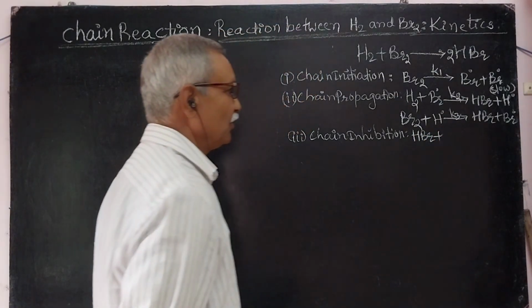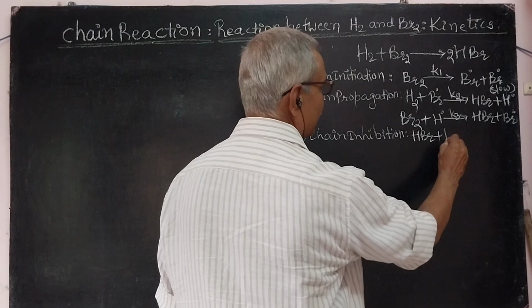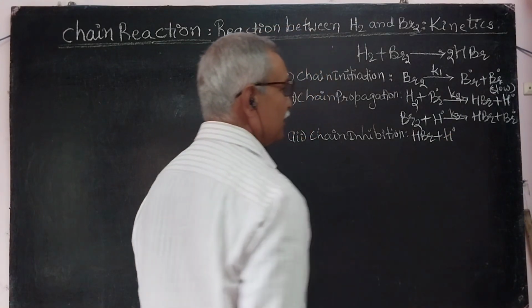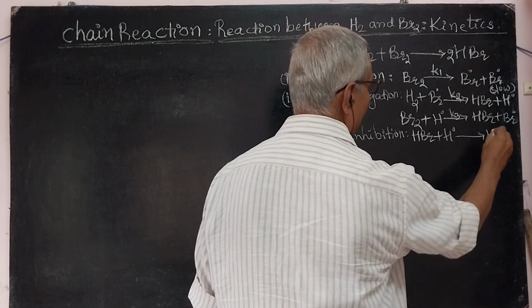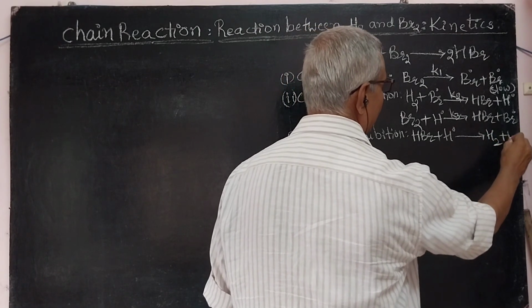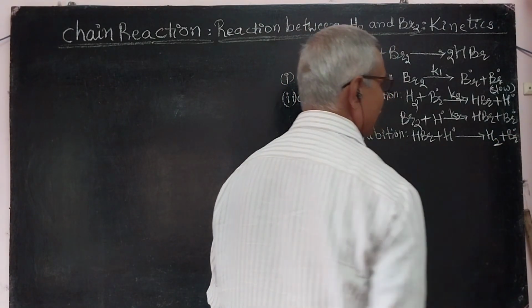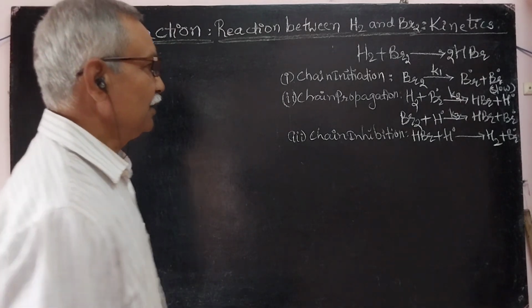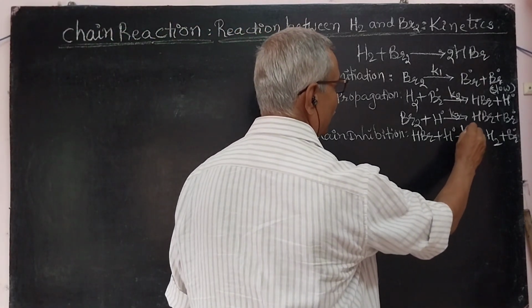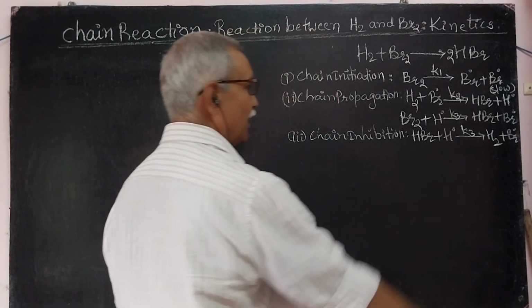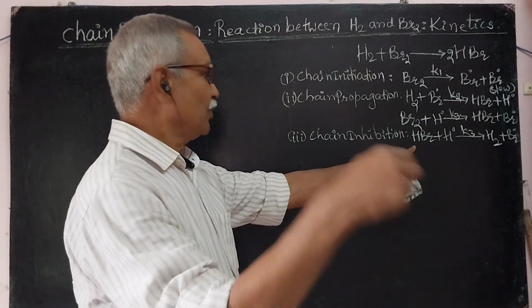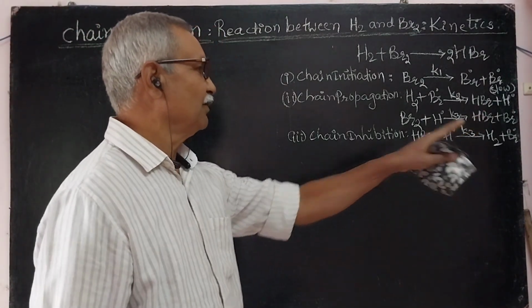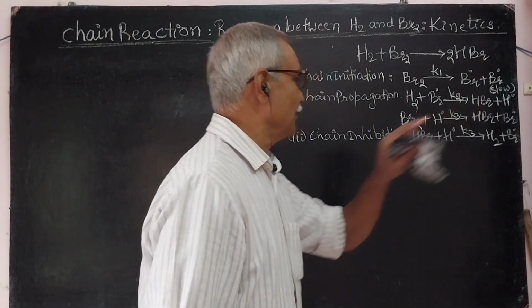Suppose one molecule of the product HBr reacts with the active species H dot and forms one molecule of H2, and Br dot is formed. Suppose this is equation 4. Here we call it inhibition because instead of giving the product, the product is consumed in this reaction to give the reactant, that is H2.